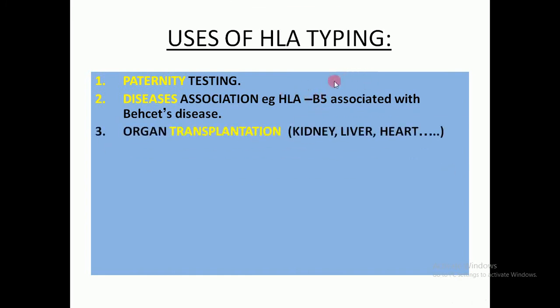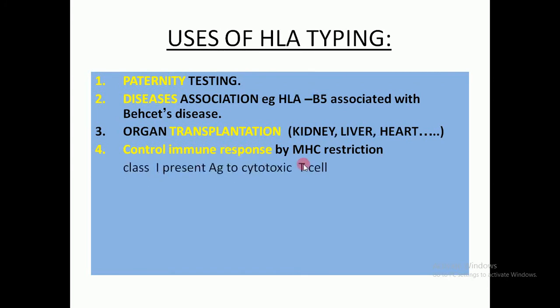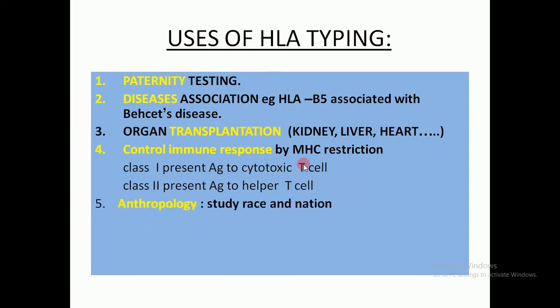Organ transplantation, which is very, very important: kidney, liver, heart, lung, etc. Control of immune response by MHC restriction. Class 1 presents antigen to cytotoxic T cells, while class 2 presents antigen to T helper cells. Anthropology, to study race and nation, because Caucasian is different from African, different from American. So each race has its own HLA typing.